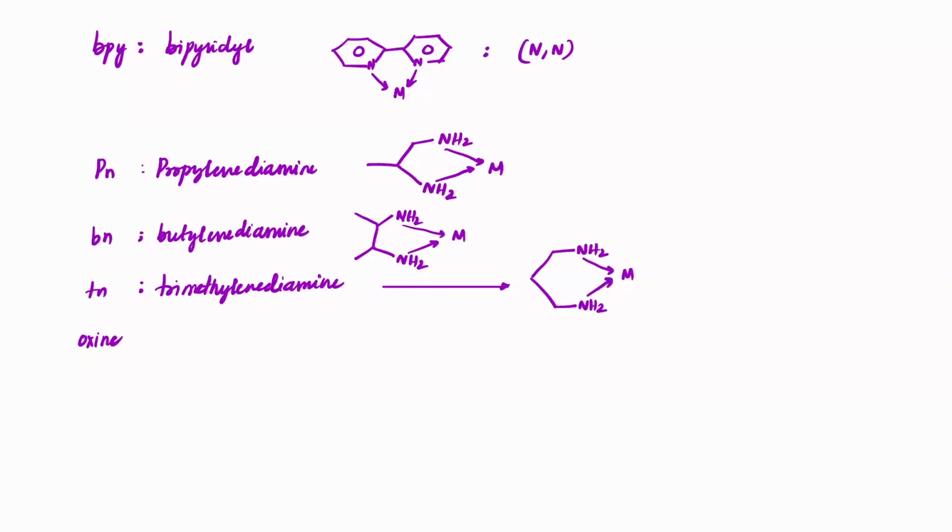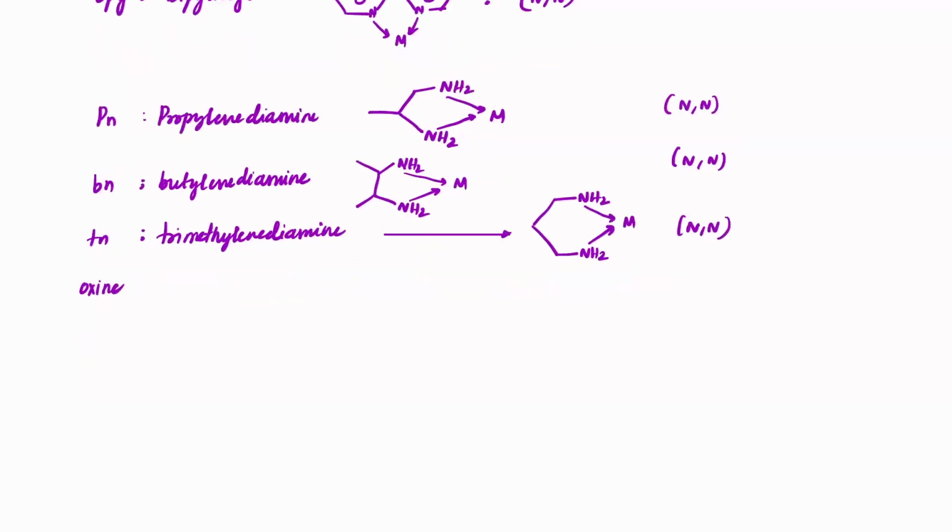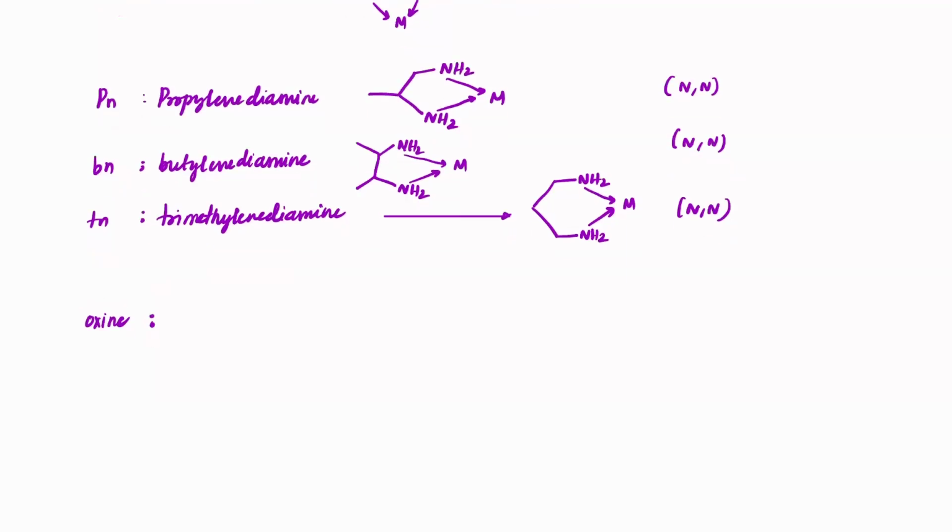So you can see the donor sites in all of them are N and N. This is PN, BN, TN. Remember the abbreviation form. Got it? Oxime is 8 hydroxy quinolinato. So dine will become dino.